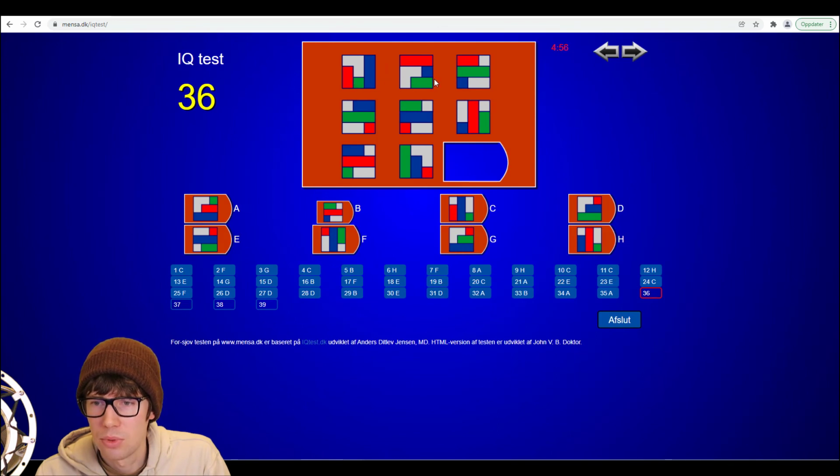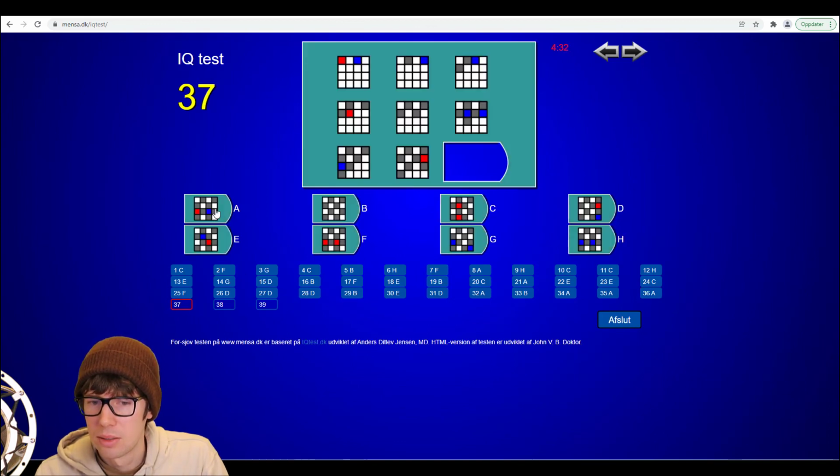Green one has 1, 2, and 3. And the red one has 2, 2, and 3. So each of the colors needs to exhibit all three of the patterns across the different columns and rows. So if we just map that out, it's going to be A. So A would be the answer here. This is by process of elimination.